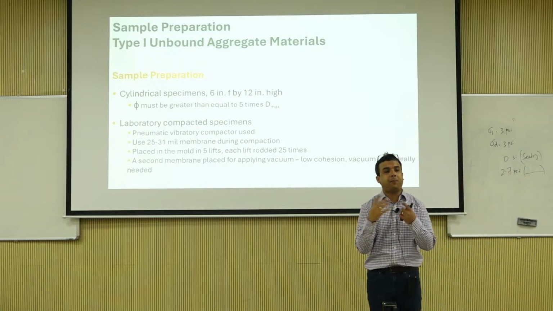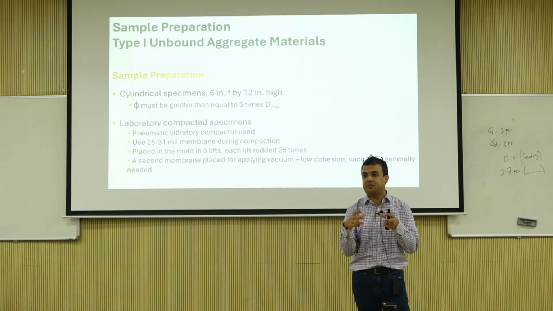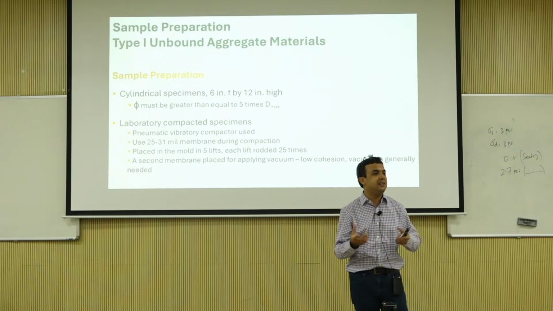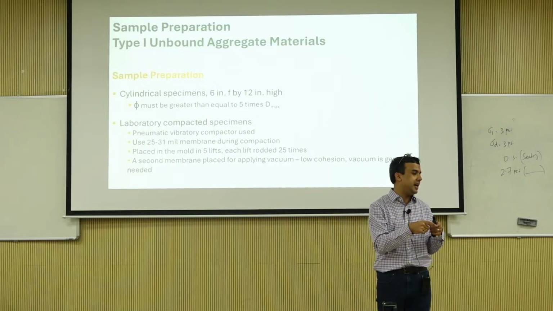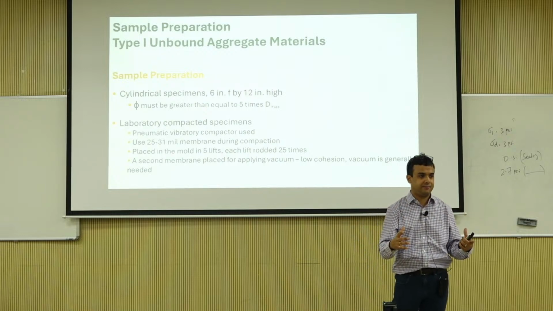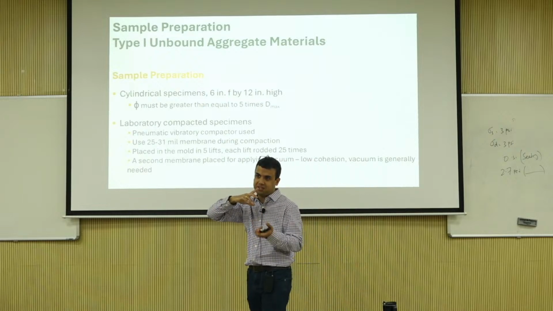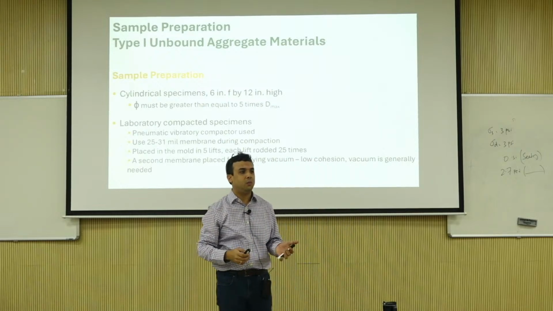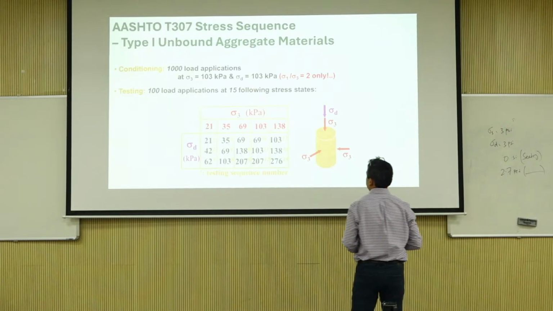To have a proper representative sample, you should have at least 4 to 5 times the Dmax. So for aggregate testing, the minimum you can do is 4 inch if you have a fine grained aggregate. The moment you have a bigger grain, you go to 6 inch diameter, 6 inch diameter by 12 inch tall, which is pretty tough to work with usually. But that's what specimen preparation is.